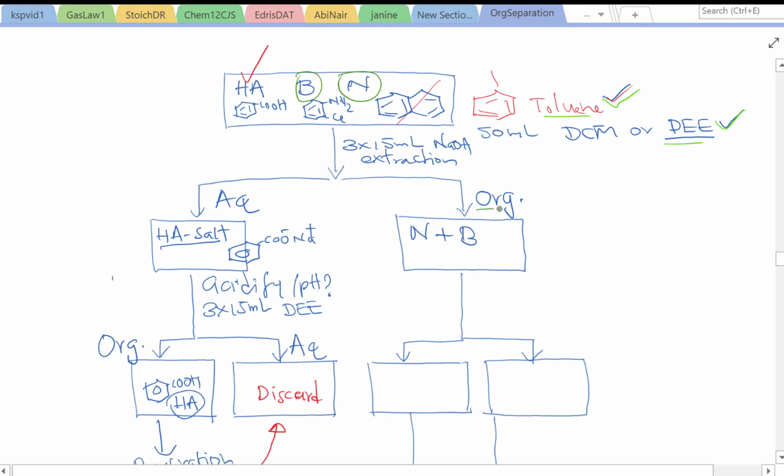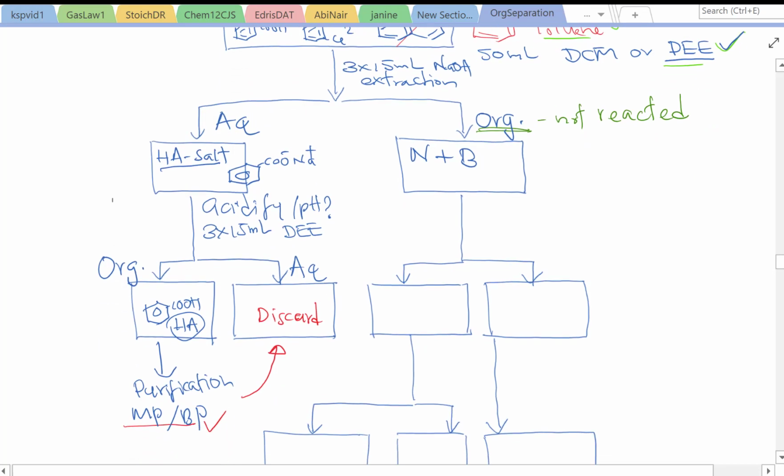Now, what's here? The base and the neutral. They're in the organic fraction, which has not reacted, because they don't react with the sodium hydroxide itself. Now what do we do? You're going to make a reaction here. This is similar to the neutral and base separation that I discussed previously.